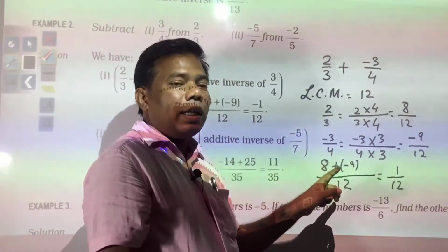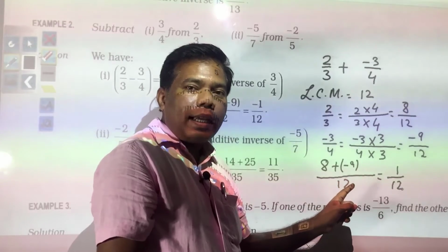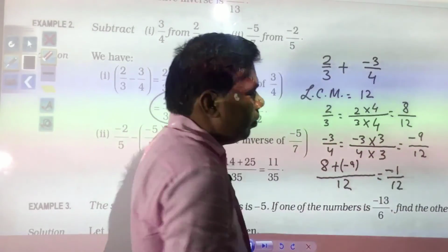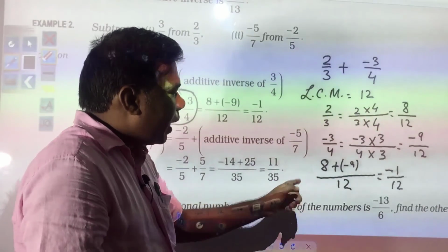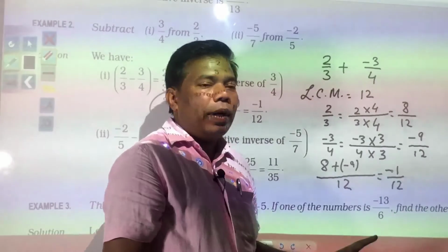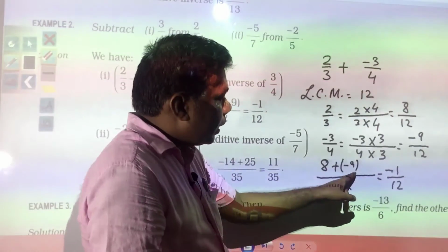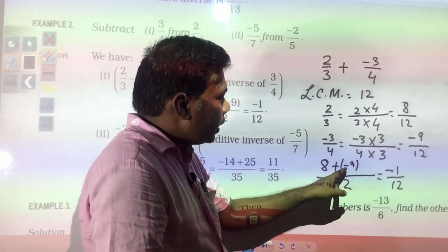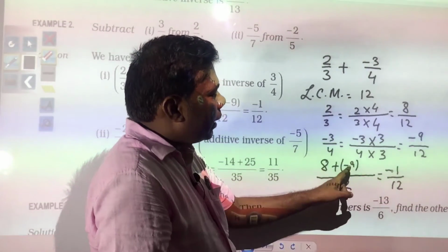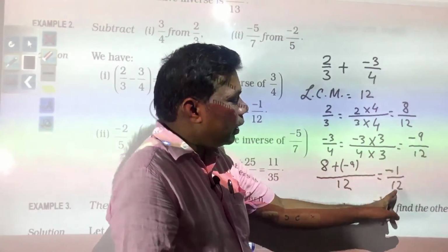Since 9 is the greater number regardless of their sign, the sign will be negative. If we would be having here minus and here plus, we would have written 1 by 12. But here 9 is the bigger number, and 9 is carrying the minus sign, and that is why your answer will be minus 1 by 12.